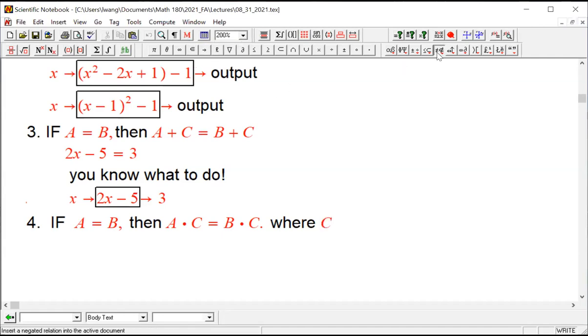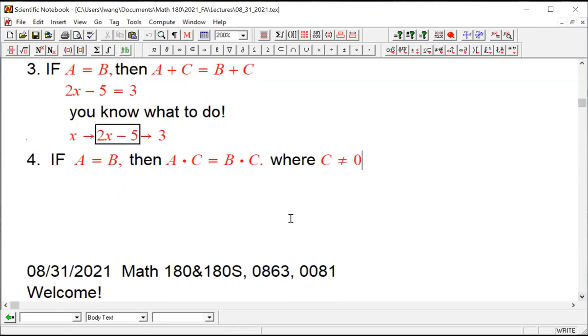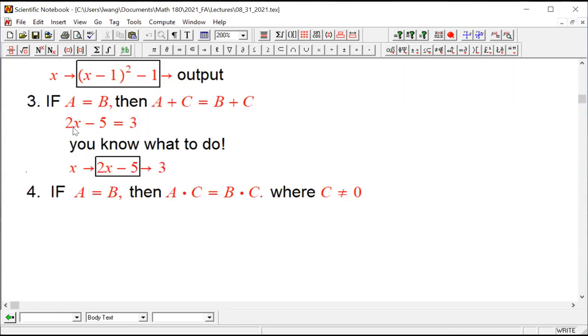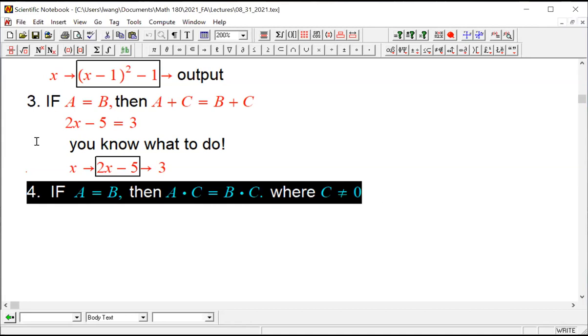Why is this specification so important? Is it dispensable? When we were solving that equation, we add 5 on both sides, and then we divide both sides by 2. So we will be using principle number 4.